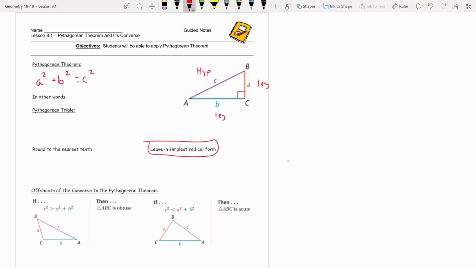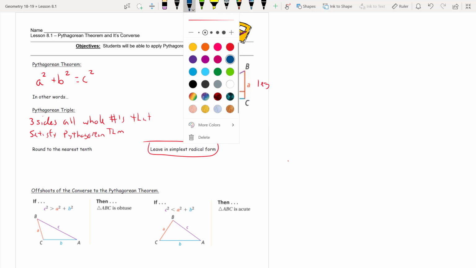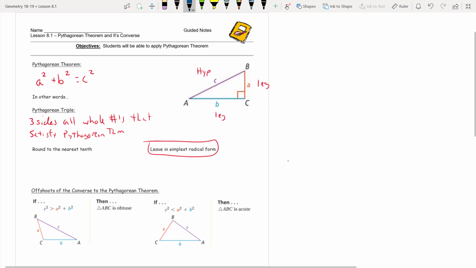The other thing that's kind of nice that we're hoping for is when we have Pythagorean triples. Those are three sides, all whole numbers, that satisfy our Pythagorean theorem. One example of that would be the 3, 4, 5 right triangle.